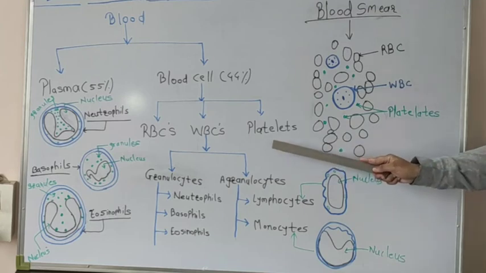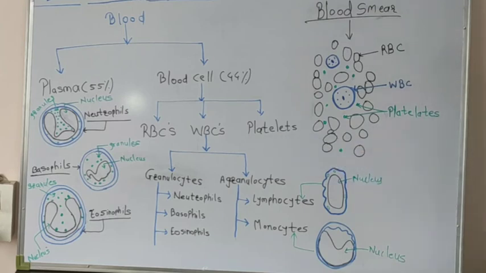Now we will see the platelets. The platelet is also called a thrombocyte. So these platelets have a fragmented structure. We have first seen the WBC and RBC, which have a circular or spherical structure, but these platelets have a fragmented structure, and they are formed from a large cell.